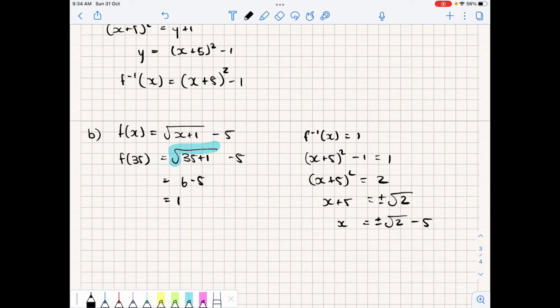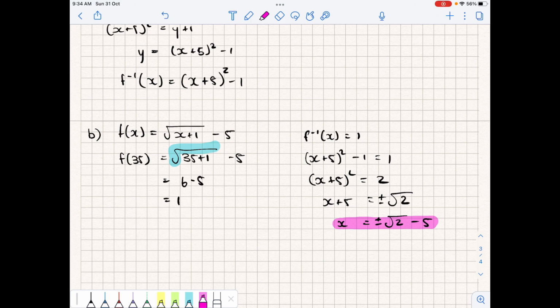Okay, so we have two possible solutions for x. However, we need to remember that in order to create an inverse function, we can only have a one-to-one function. So one of these values is not going to be within the domain or range of either of these two functions. So we've solved for the input of the inverse function.